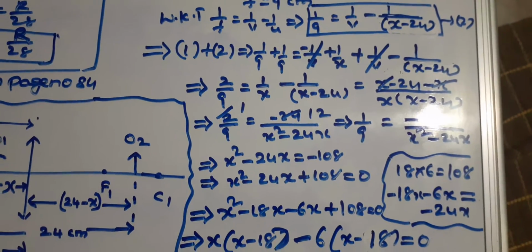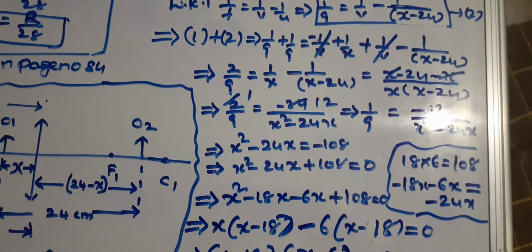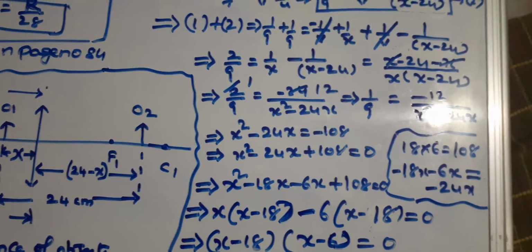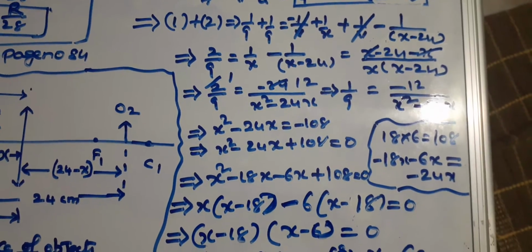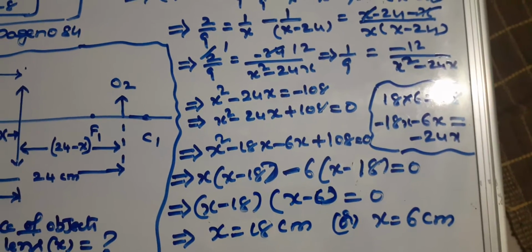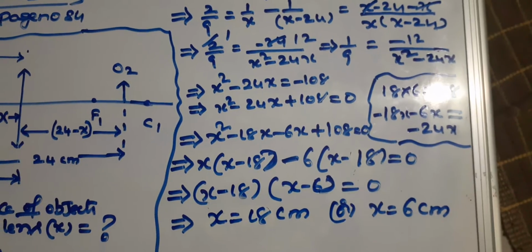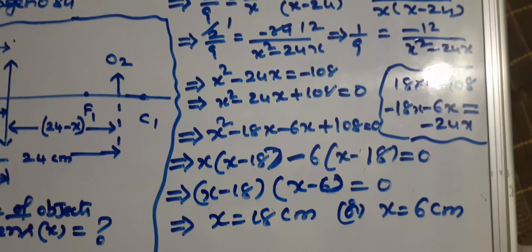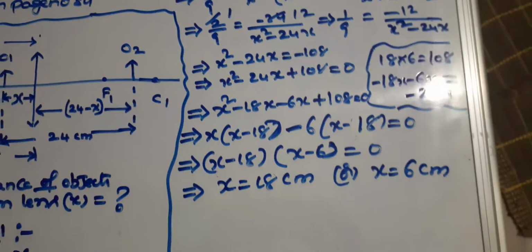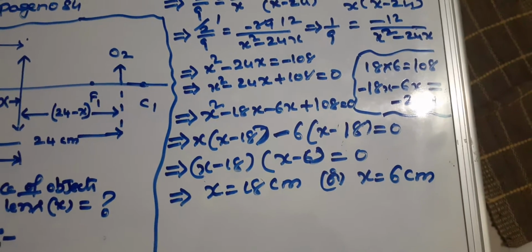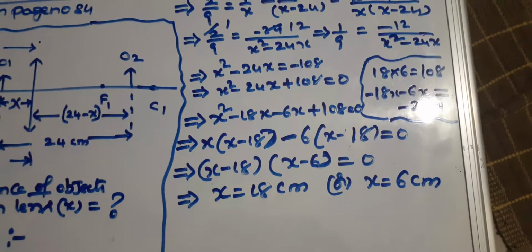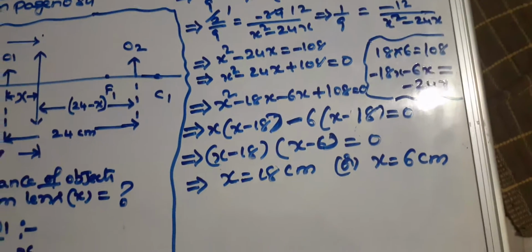On solving, we can get the equation x square minus 24x minus 108 equal to 0. For 108 we are taking factors, students. Minus 24x can be written as minus 18x minus 6x.